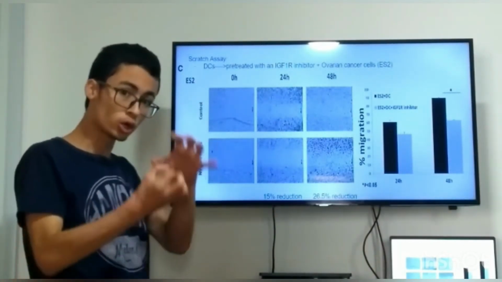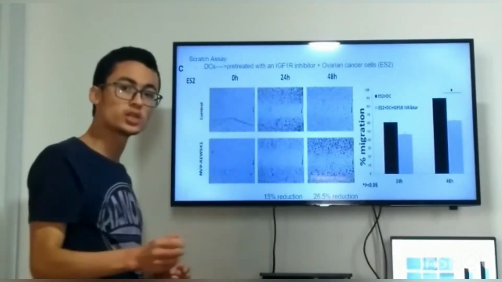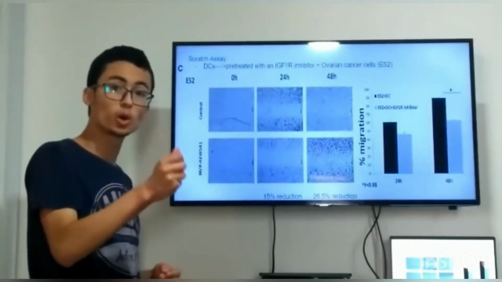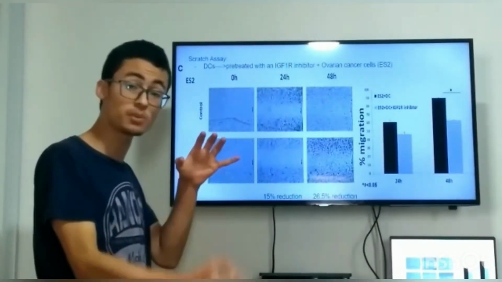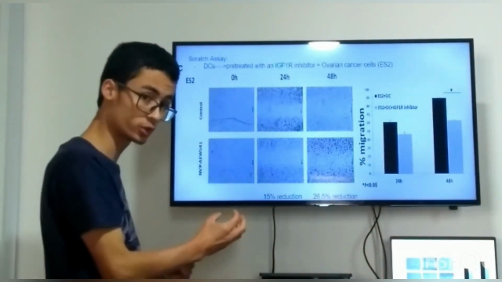After co-culturing those cells, the investigators performed a scratch assay, which consisted of scraping off a portion of the culture in order to see how long it took the epithelial cells to reoccupy that empty portion of the culture.